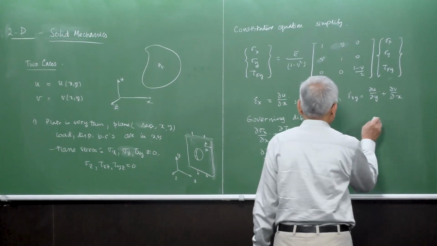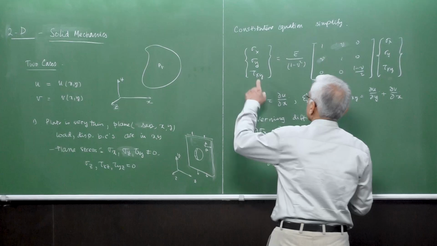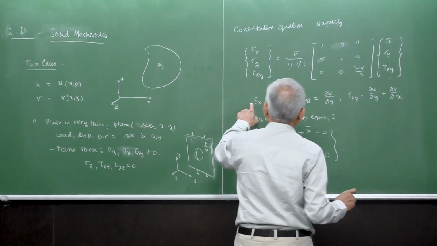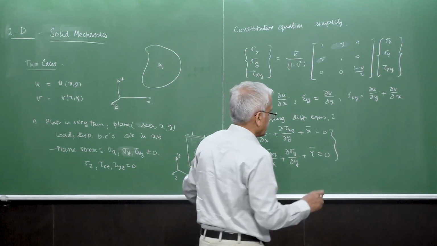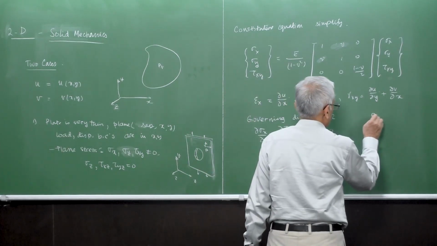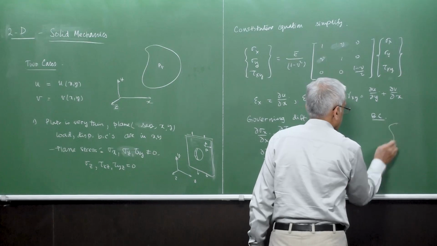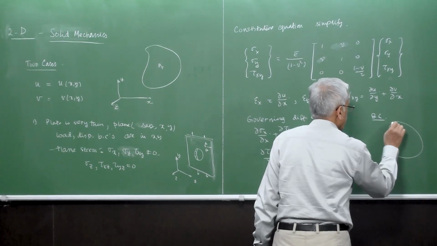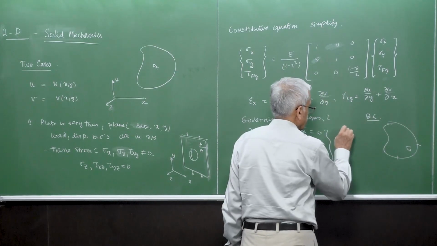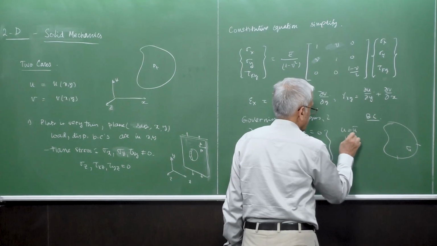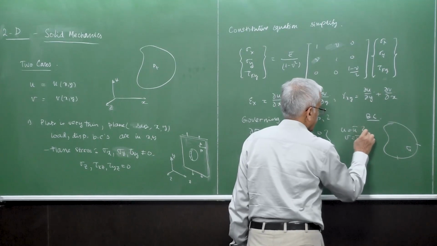So the boundary conditions, of course, this is the stress strain, this is the strain displacement, and this is the stress governing equations. And then the boundary conditions can be on displacement prescribed. U can be U bar and V can be V bar.